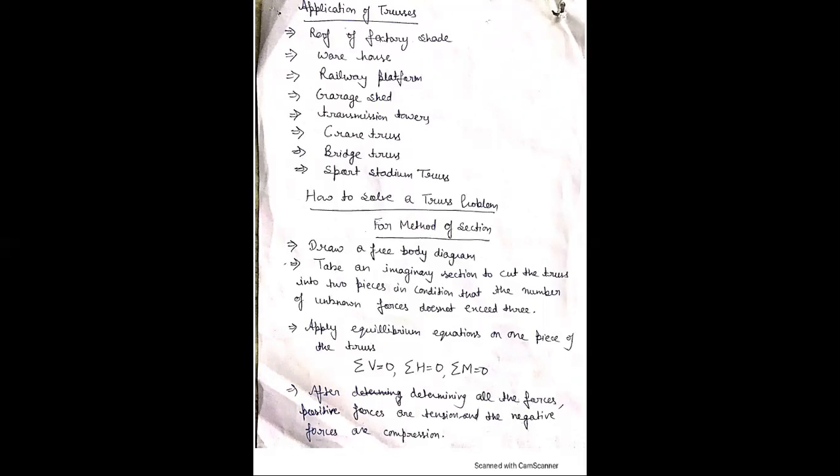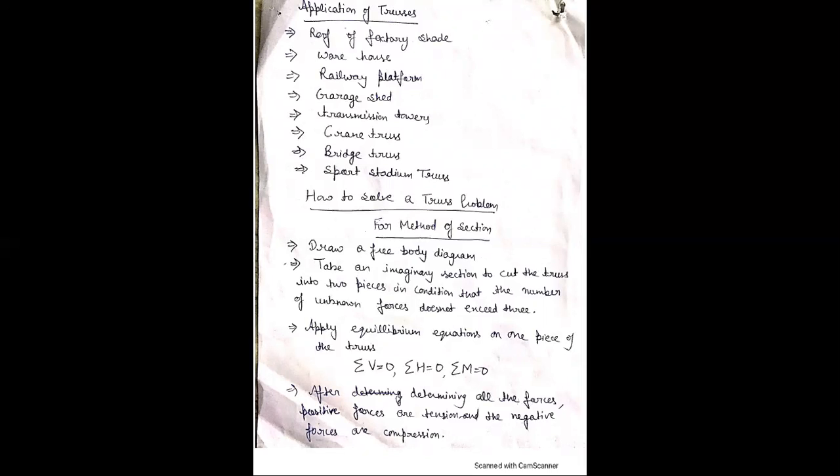Now, how to solve a truss problem? For the method of sections, these are the steps. First, draw a free body diagram. Second, take an imaginary section to cut the truss into two pieces, on the condition that the number of unknown forces does not exceed 3.